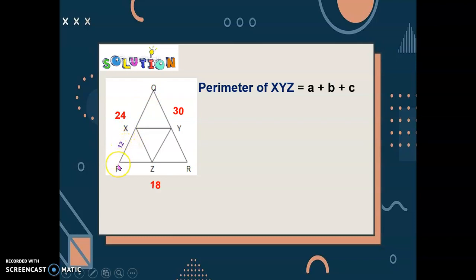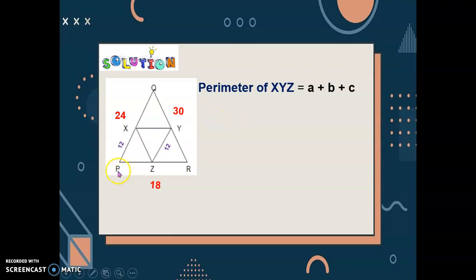Now, since PX is parallel with ZY, in application of the parallelogram theorem on quadrilaterals, if PX is 12, therefore the measurement of ZY is also the same as PX because they are parallel sides.